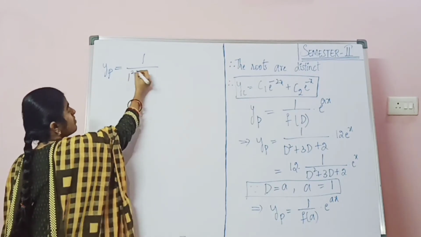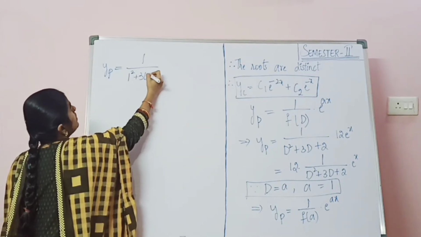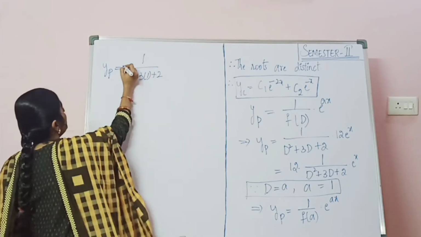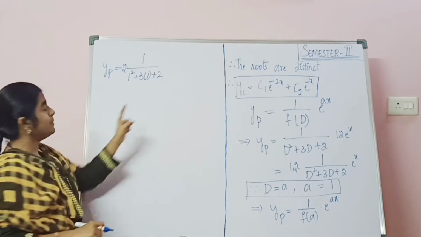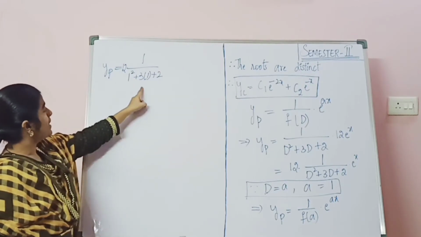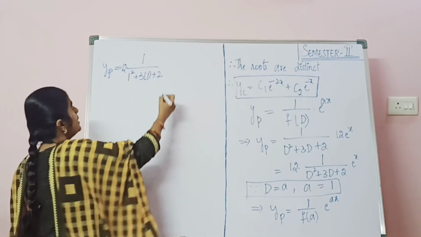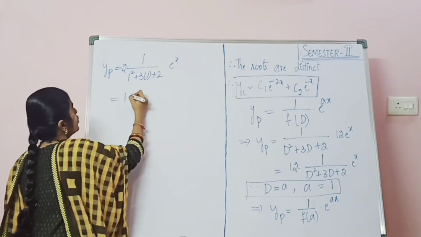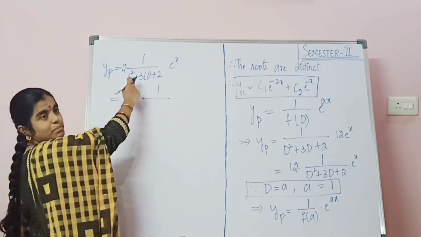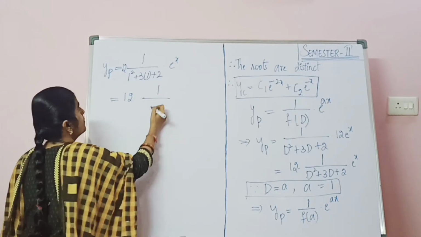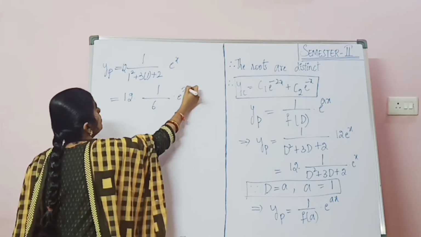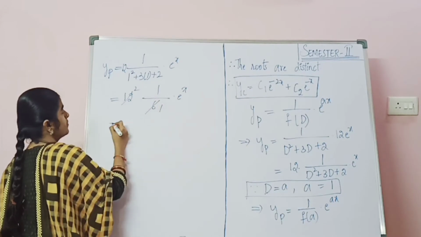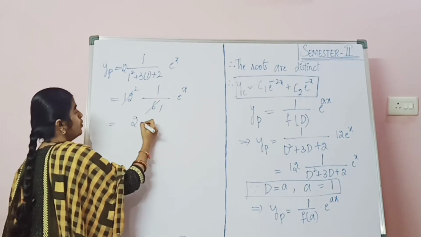So yp equals 12 into 1 by 1 square plus 3 into 1 plus 2 into e power x, which equals 12 into 1 by 1 plus 3 plus 2. How much? 6. 12 into 1 by 6 into e power x. So 6 twos are 12, which equals 2 into e power x.